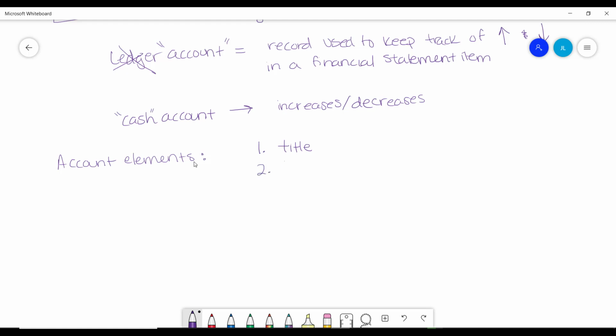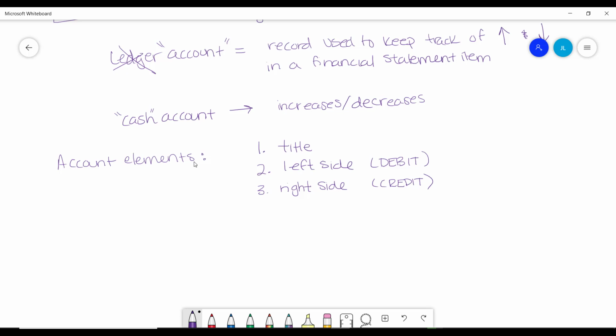Second, each account has a left side, and that left side is your debit side, and it also has a right side, and that right side is what we call our credit side. Okay? And how we show that an account is going up or down will depend on what kind of account it is. And what a debit or credit represents will depend on what kind of account it is that we're talking about.